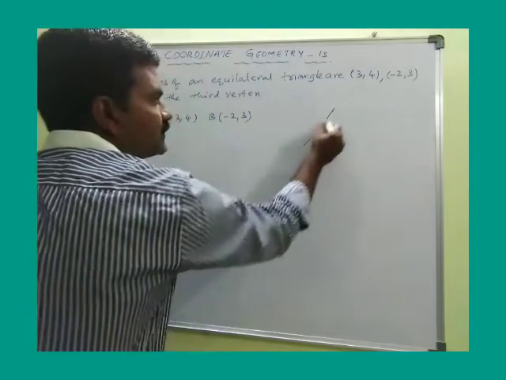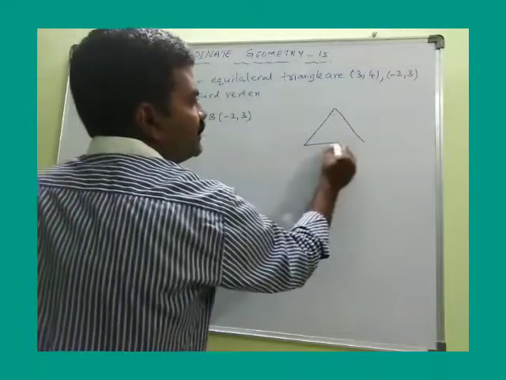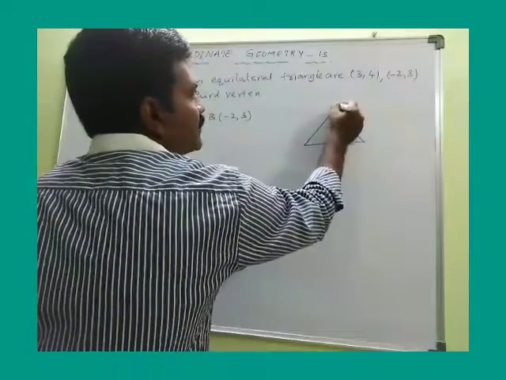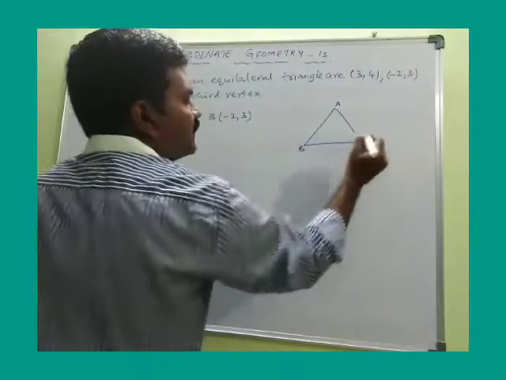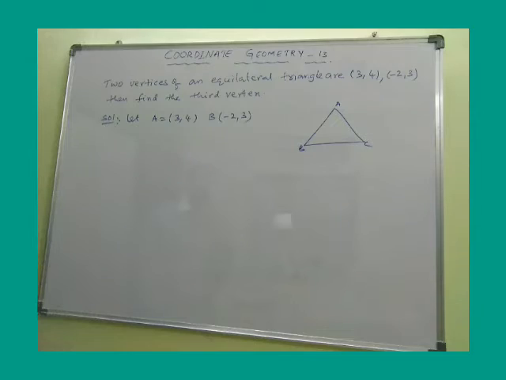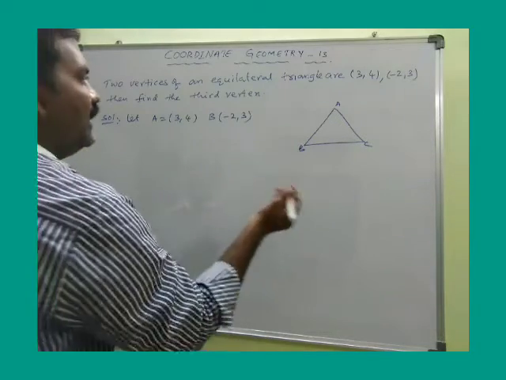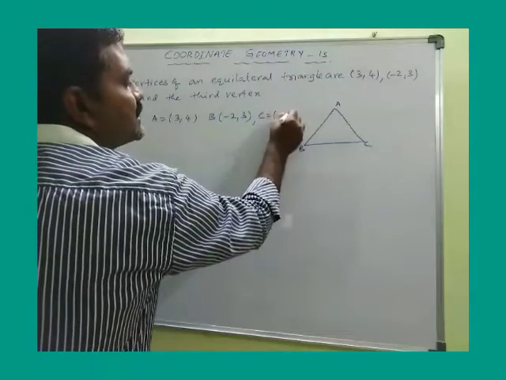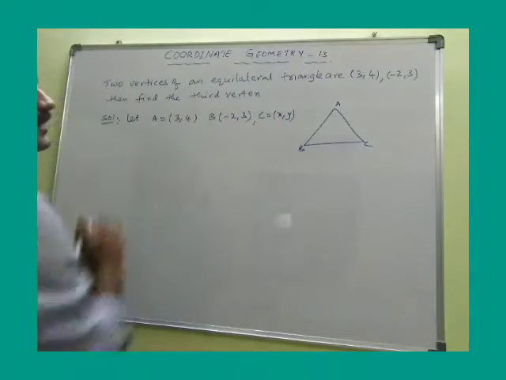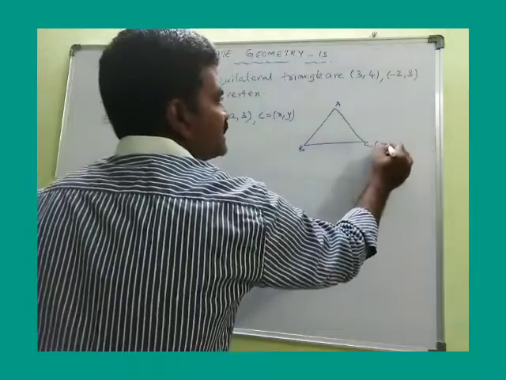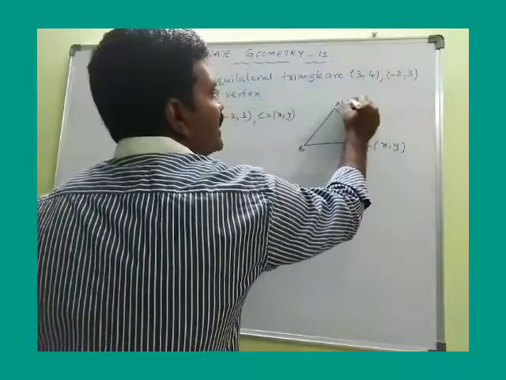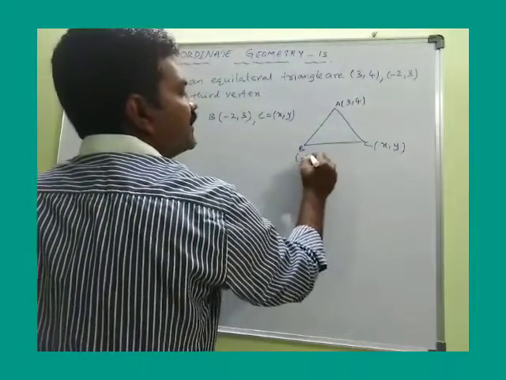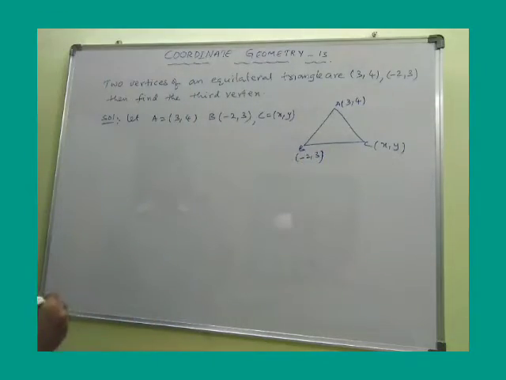Here we are talking about an equilateral triangle. Suppose triangle ABC is an equilateral triangle, and the third vertex is missing, say some x comma y, that is what we need to find. Say C as x comma y, with capital A already (3, 4) and capital B given as (minus 2, 3).